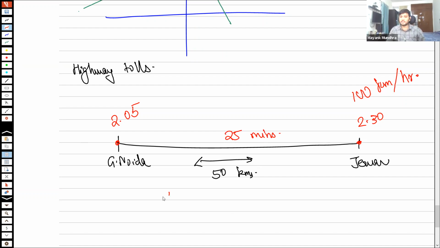So your average speed is 50 by 25 by 60. That is how many hours you have covered. So that is 120 kilometers per hour.